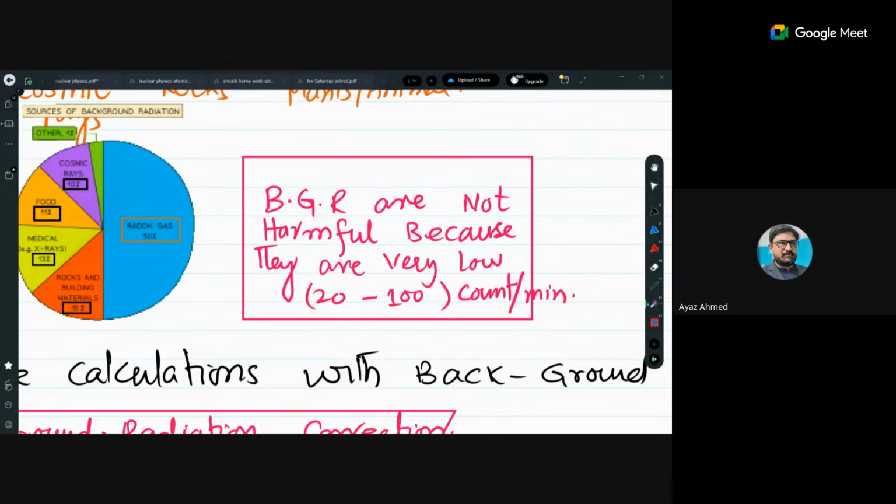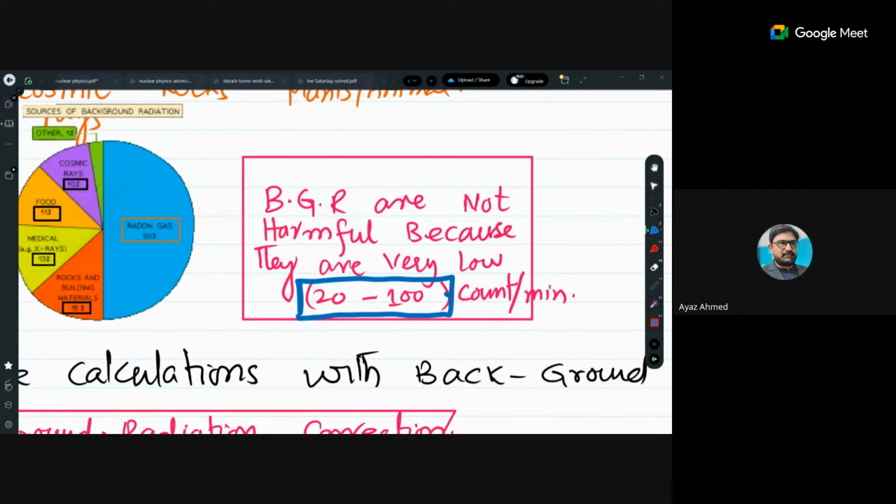Just a minute. So 20 to 100 count rates means, like the noise example I was giving, sometimes no one speaks behind me, and it just feels like a bike passing in the street or something like that, so that is very low background noise. But when someone speaks nearby, the background noise increases.